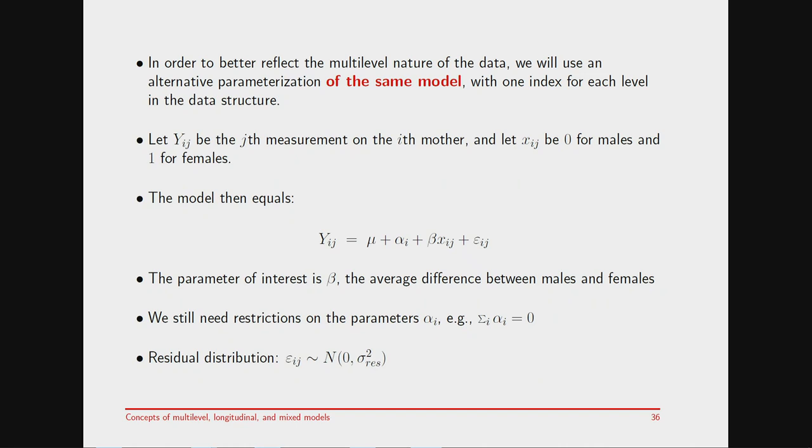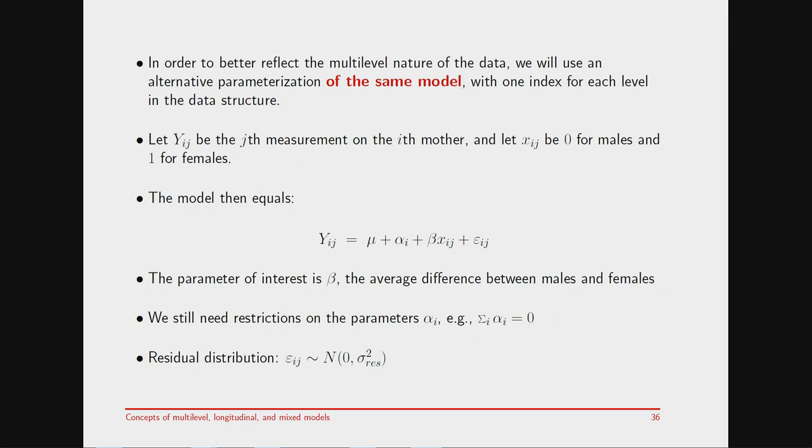And then the model that we had before can be rewritten in this format. I still have the mu, I have my alpha i, my mother effect that I want to correct for, and then I have one single parameter, beta, multiplied by xij. So instead of before having 2 betas, one for the males and one for the females, I now have one beta which directly measures the difference between the male and the female animals.